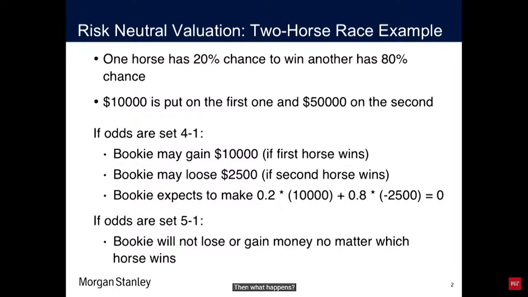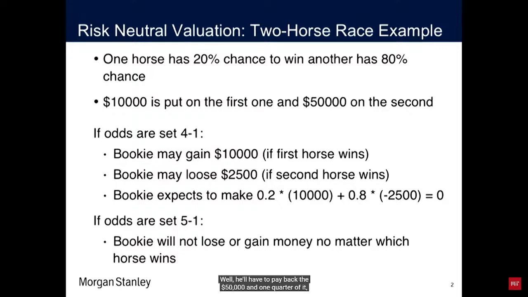Then he has to pay back 10,000 and 4 times more. So he pays out 50,000 and he received 60,000, right? So he can keep 10,000 out of it. Okay, so what happens if the other, more probable horse wins?